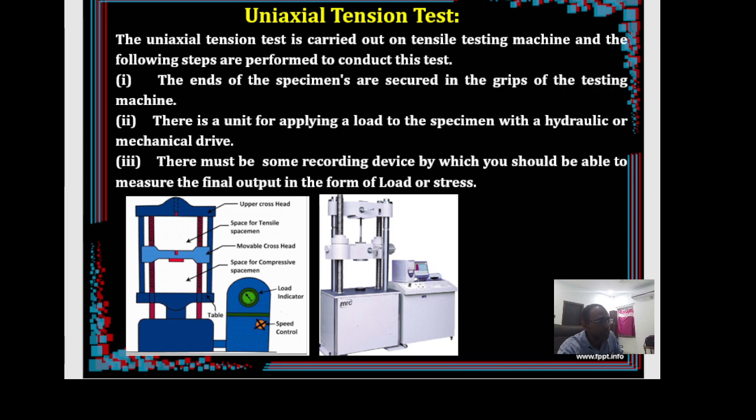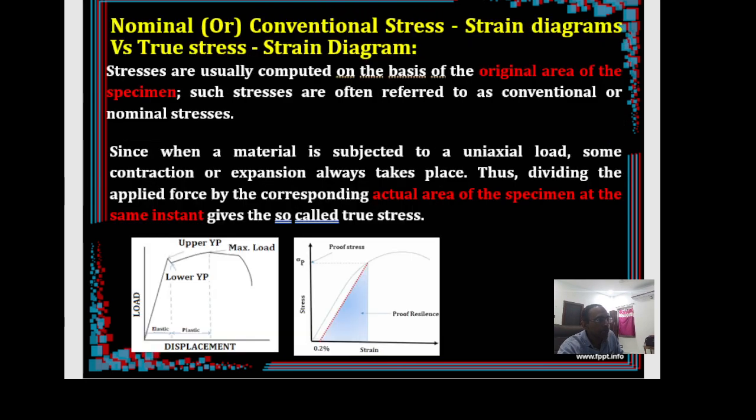You can measure how much load is applied as well as how much deformation or stress is developing in the specimen. From one unit you can see how much load is applied on the material, on the other unit you can measure the displacement. If you plot it, this is how you will get it, right?